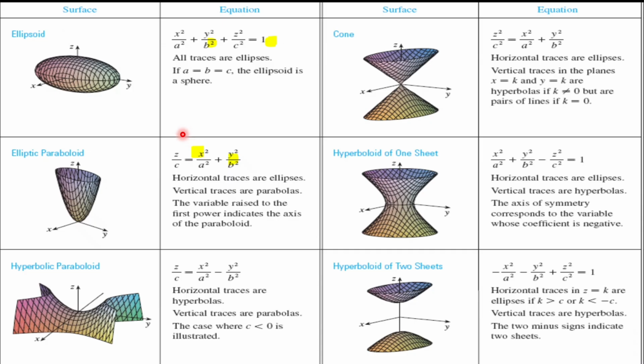Now, till the end of this section, we're going to explore how to graph all of these 6 quadric surfaces: ellipsoid, elliptical paraboloid, hyperbolic paraboloid, cone, hyperboloid of 1 sheet, and hyperboloid of 2 sheets.